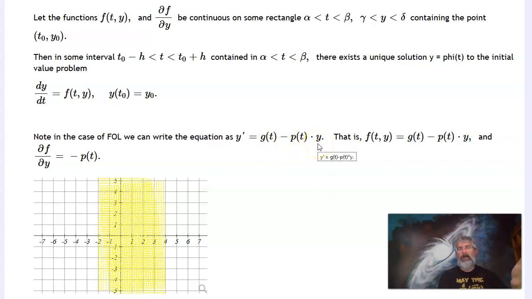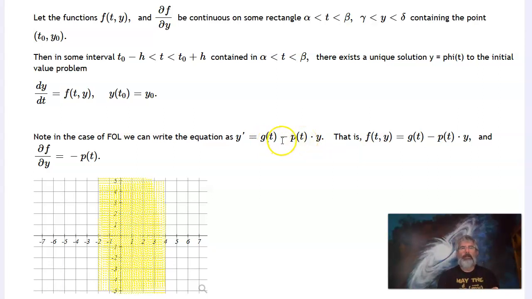It is linear in y, and so it's continuous for all y. And it will be continuous in the t direction as long as p and g are. So, and also the partial derivative of this thing with respect to y, remember I'm thinking of t as a constant, so g of t would be a constant, and p of t would be a constant.